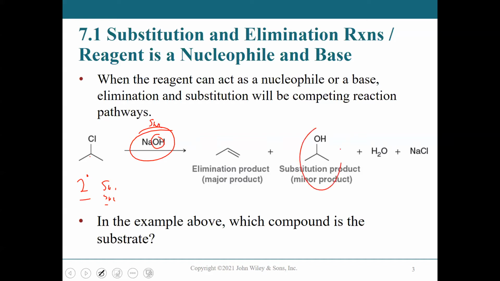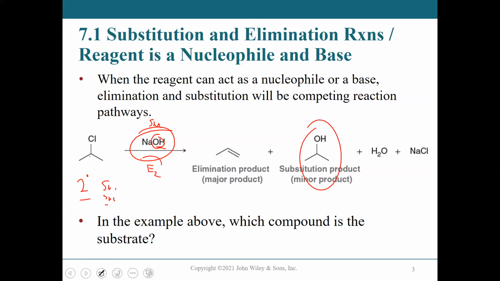That's what I have here, substitution. But this reaction, as we mentioned, is also going to compete. Why? Because OH is not only a good nucleophile, OH is also a strong base. If it's a strong base, it will also do an E2 reaction. How do I know it's a strong base? Well, I will give you a list of bases that are strong and a list of bases that are weak. In this case, I'm telling you that it is a strong base.